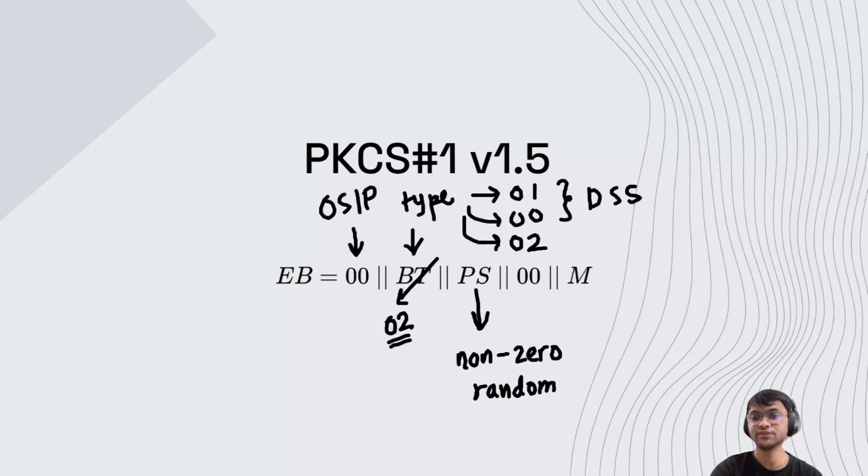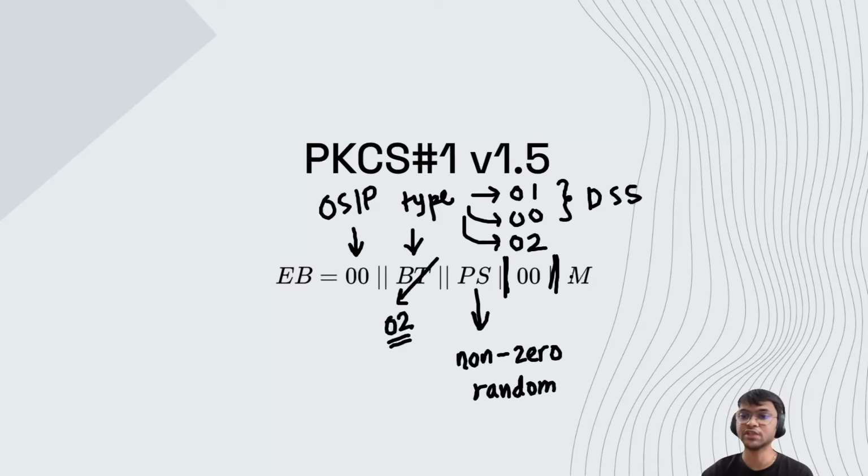The next octet that you see here, 00, is called the delimiter. This single 0 byte marks the end of the padding. Remember, the padding is non-zero bytes, so the decryption can never confuse between the padding string and the delimiter. During decryption, this helps the recipient quickly identify where the padding stops and where the real message begins.